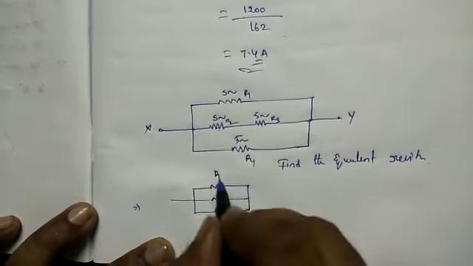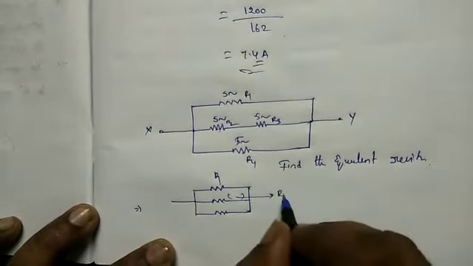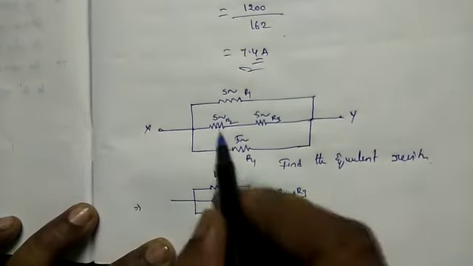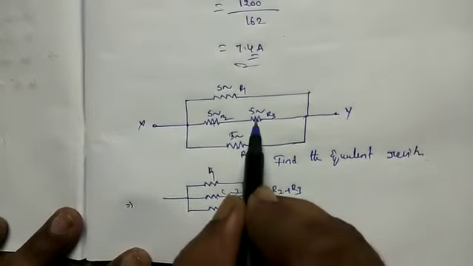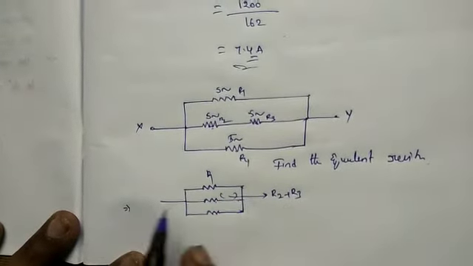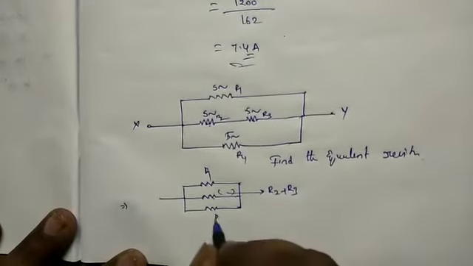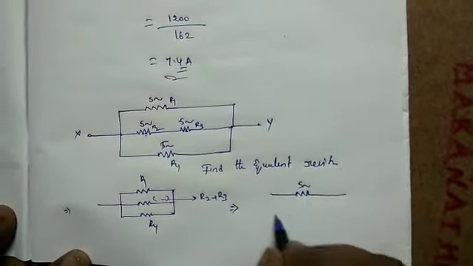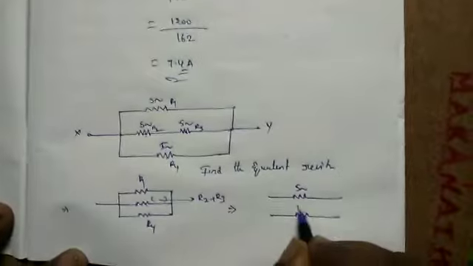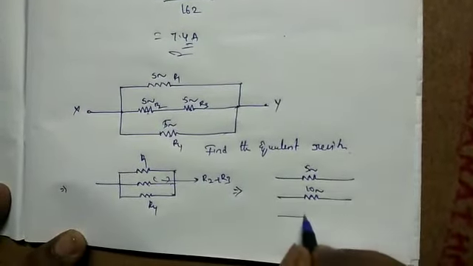So this is R1. What is this one? It is R2 plus R3 because the two resistances are in series. So these series resistances we can sum. That means R1, then R2 plus R3, and this is R4. So 5 ohms. R2 plus R3 means 5 plus 5, 10 ohms.